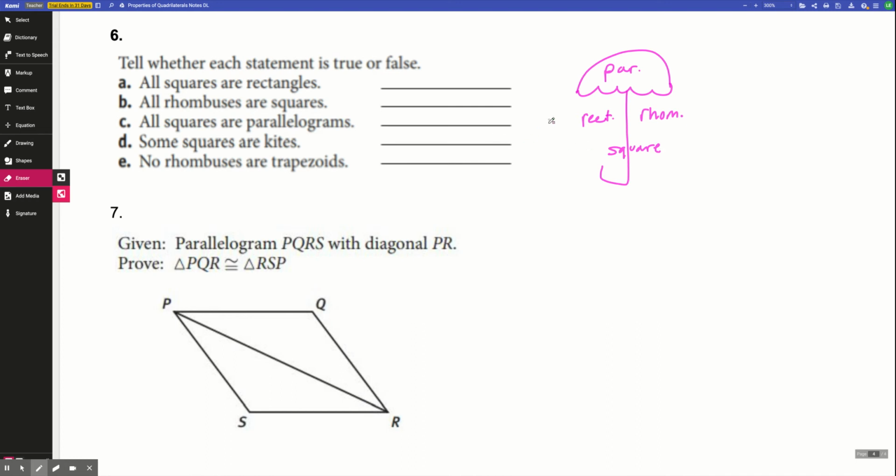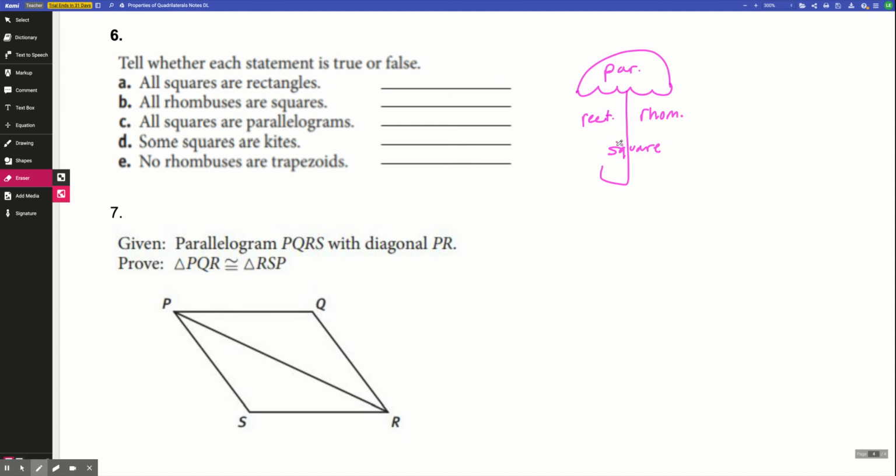Remember, anything underneath the umbrella has all the properties of the upper levels, plus maybe some extra properties of their own. So here, statement A is all squares are rectangles. So the way I want to think about this is, do squares have all the properties of rectangles?